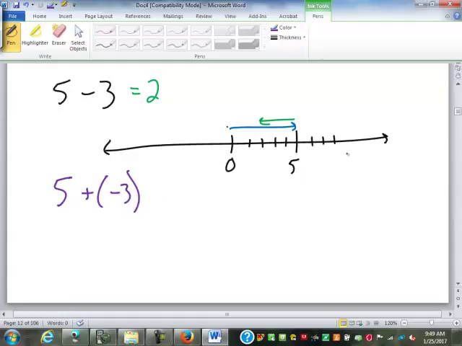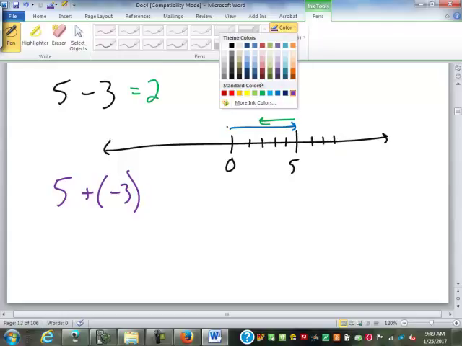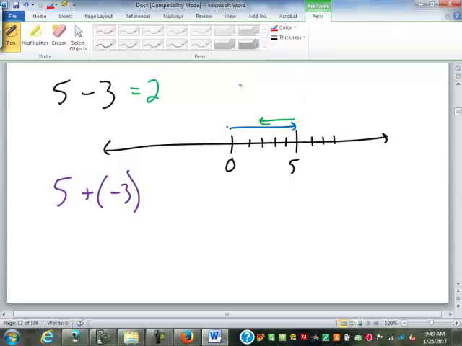Because that's what it really is. Subtraction is not an operation in itself. We mentioned on Monday that subtraction is just part of addition. So this operation, the subtraction symbol, when you see it, what it means is add the opposite.